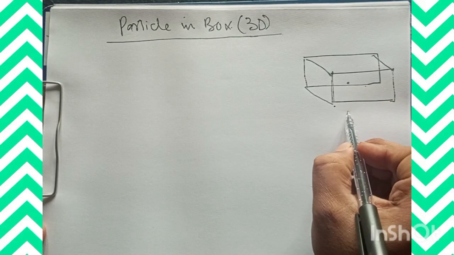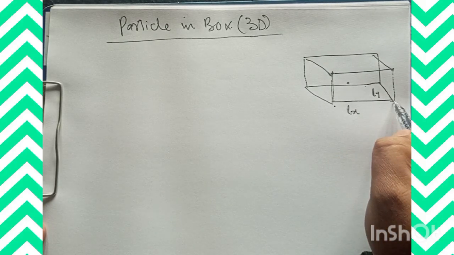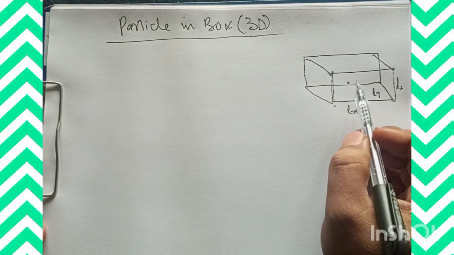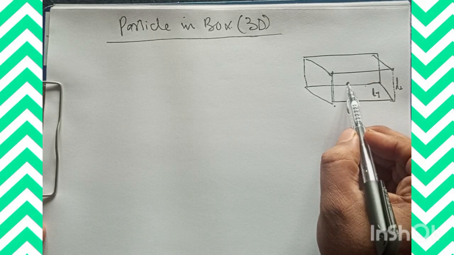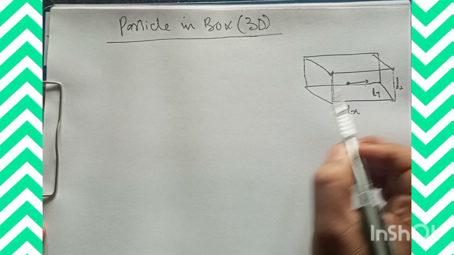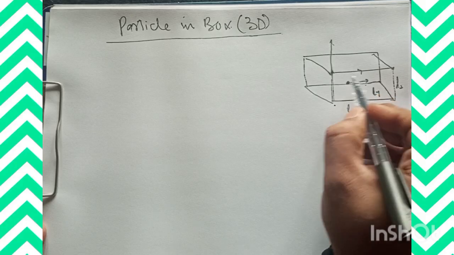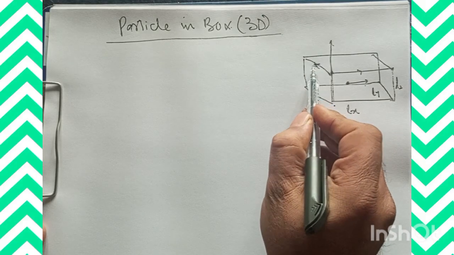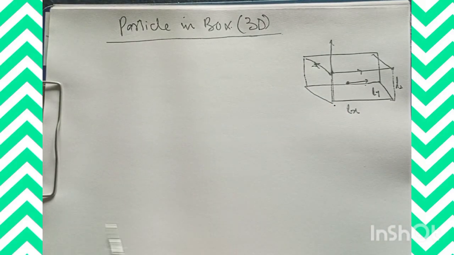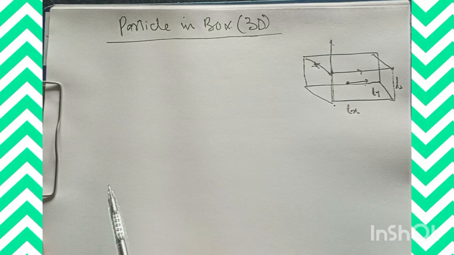Say this is Lx, and then say this is Ly, and this is Lz. The particle is free inside the box, and it can hit the walls of this box and rebound back. It can bounce back, and these walls are assumed to be extremely hard, so that it's impossible for this particle to cross these walls.